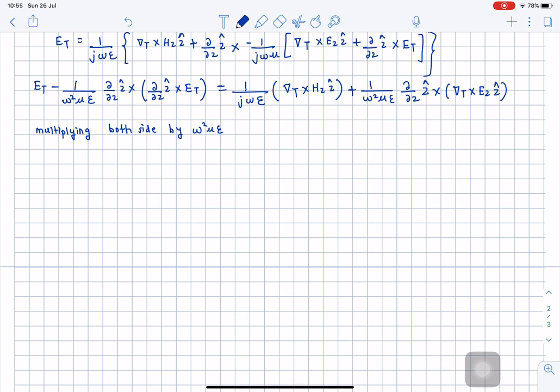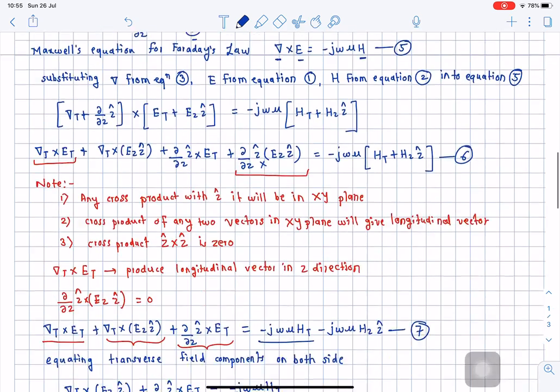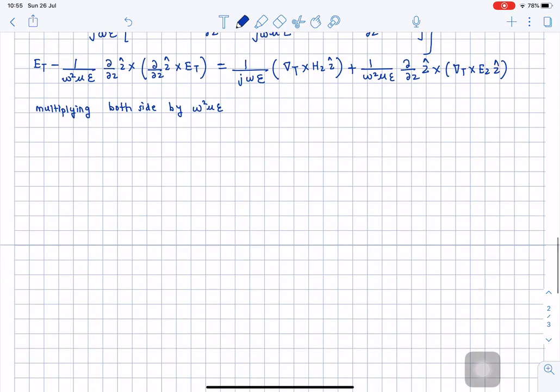So multiplying both sides of the above equation by the term omega square mu epsilon, on the left hand side I will get omega square mu epsilon E of t minus del by del z of z cap cross del by del z of z cap cross Et.